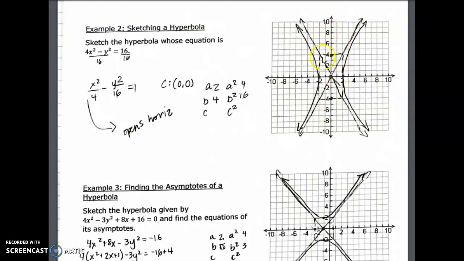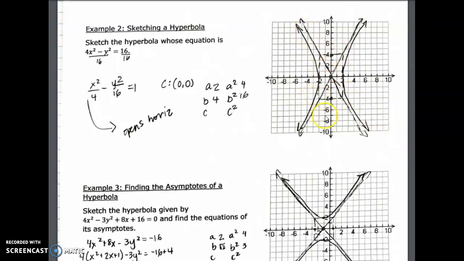What this gives me is what's known as my central rectangle. So once I have those 4 points, I quickly sketch a rectangle around them, and the reason why that's important is because the corners of that central rectangle form my asymptotes.